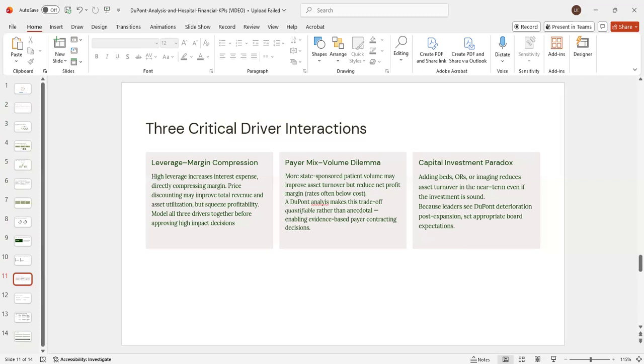All of these will increase your assets, and as a result, immediately reduce your asset turnover, especially in the near term, even when you think the investment is needed and perfectly sound. Why? Because your numerator has not changed, right? Because what's happening is that your revenue stays the same, a new building comes on, new equipment comes online.